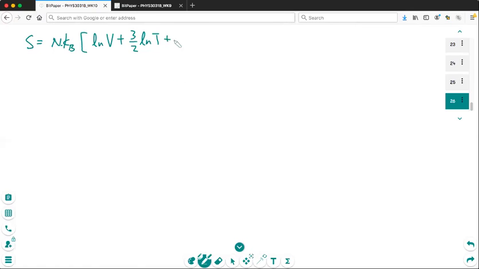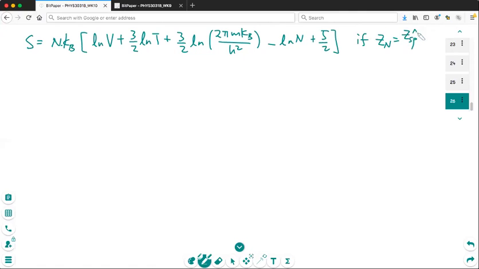You just plug it in and do it carefully. 2 pi m kb, and then h square, minus log n plus. Okay, this is if you use the correct function.